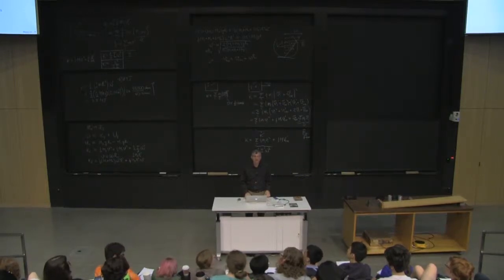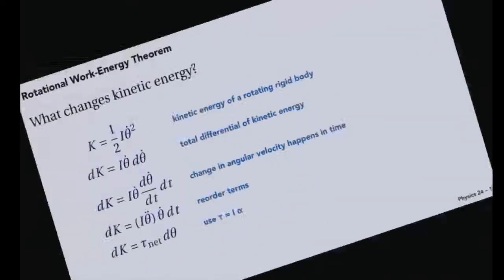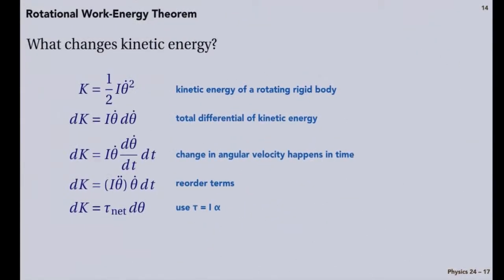Okay, one more thing, and then I really want to clean up how it is that in this experiment static friction doesn't screw us up. But I need the rotational version of the work energy theorem. And so very quickly, it's just the same thing that we did before when we considered what's changing kinetic energy.